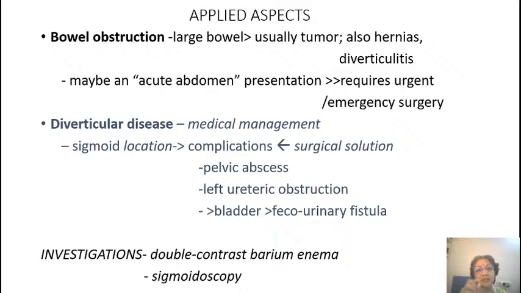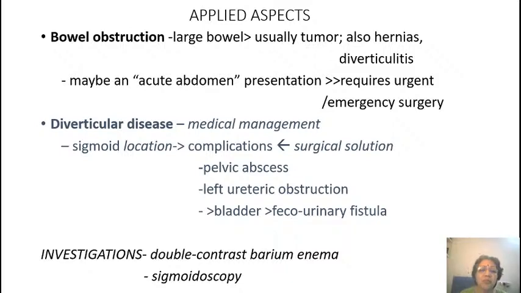And the inflammatory process could bore through and cause a fistula between the sigmoid colon and the urinary bladder wall. So a feco-urinary fistula can happen, right? Colovesical, vesicocolonic fistula, things like that can happen, and that definitely requires surgical treatment.